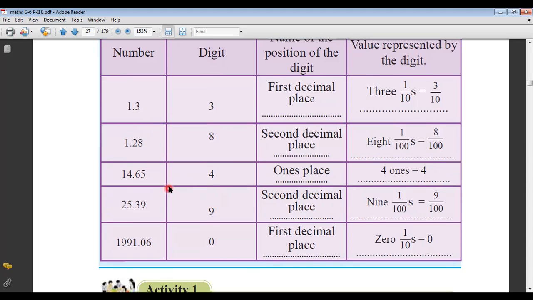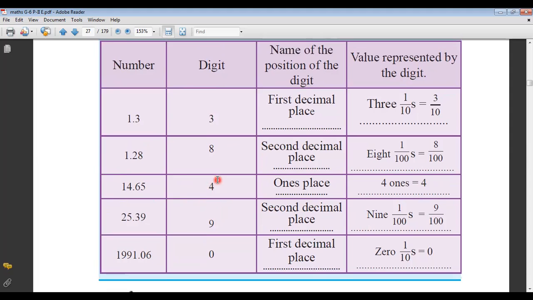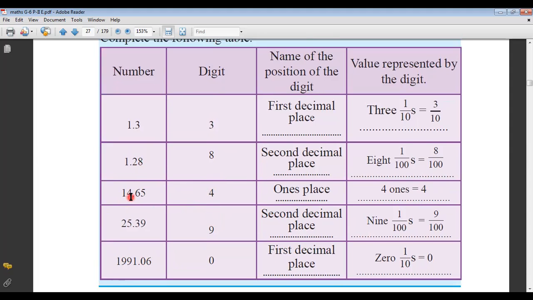Now 14.65, we have to talk about 4. Where is the 4? The 4 is on the ones place. Here the ones, here the tens, here the hundreds. So the 4 is on the ones place, then the value is 4.